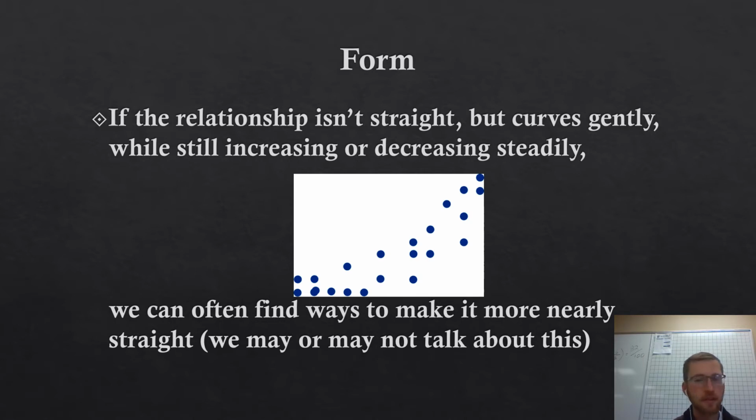If you think back to Algebra 1 when we talked about y equals mx plus b form, you probably remember that is a very convenient way to see patterns. It's a very consistent rate of change and that kind of thing. We probably won't talk a lot about this year, but if the relationship is not straight within our scatter plot, we are sometimes able to modify by taking logarithms or exponentials of one or both of our variables, and that will straighten out our data. But for our purposes right now, we're just going to work with either linear or nonlinear patterns.